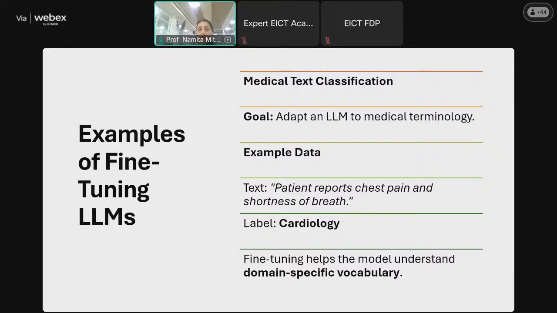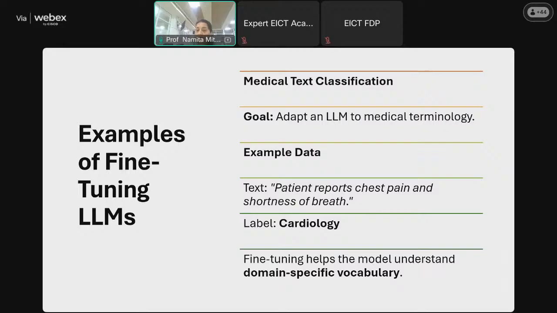Again, the next example, medical text classification. Adapt an LLM to medical terminology. It may not have the generic things, so we have to provide the medical terminology. In terms of X and Y, X is the text, that is, the patient reports chest pain and shortness of breath.